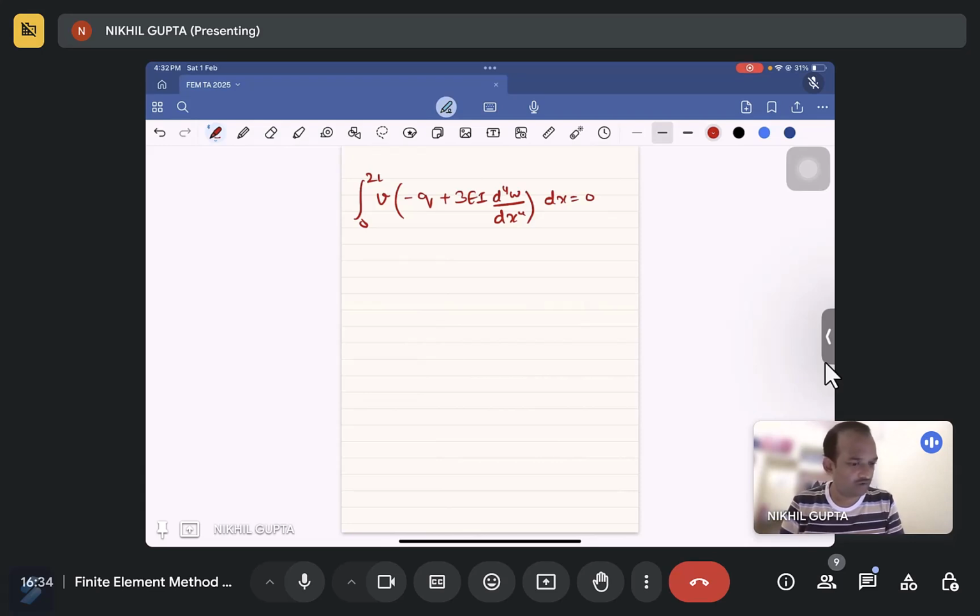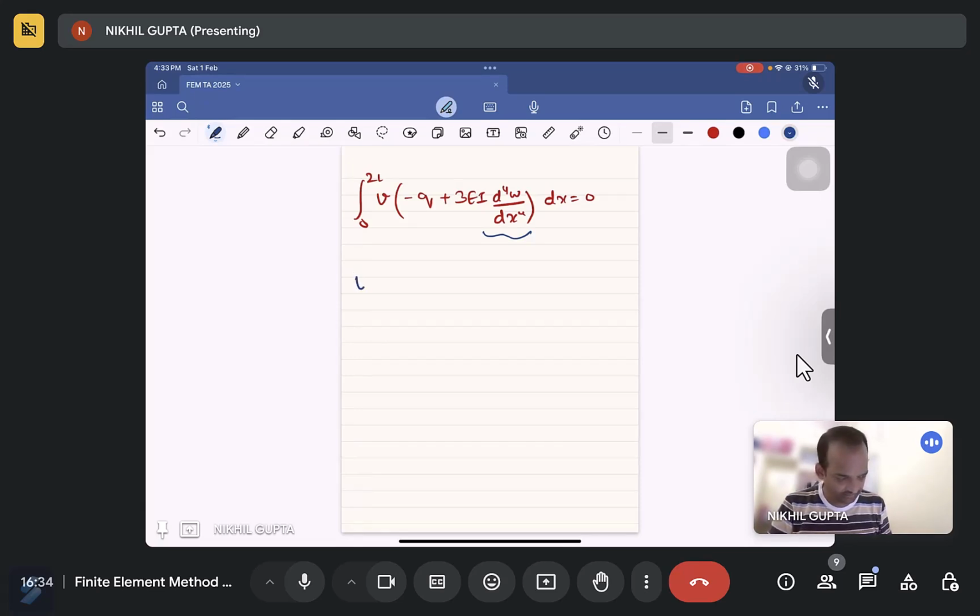Now we'll see how to solve it. Okay, so this is the equation. Now you see there is a fourth-degree equation, so we'll apply integration by parts here also.